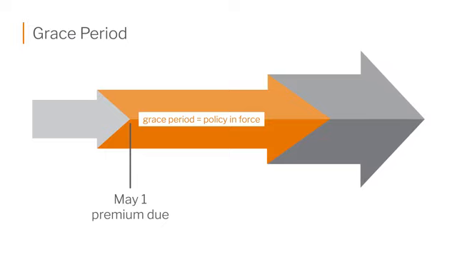So you do have coverage during the grace period. You're just late paying the premium, but not so late. You're not beyond 30 days, for example, if it's an individual policy. If you get beyond that 30-day time period, your policy could lapse due to non-payment of premium. But during the grace period, you still have coverage.